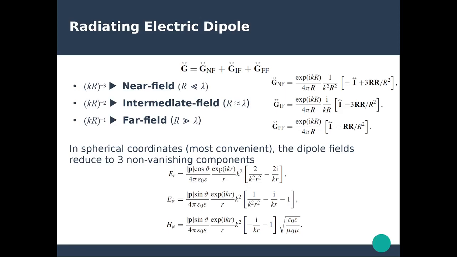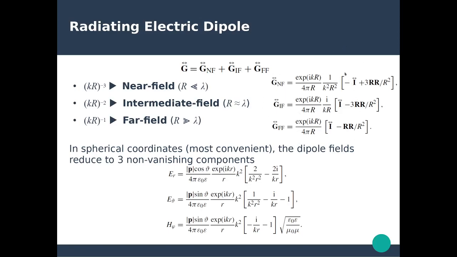If you look at spherical coordinates, which are the most convenient if you have a spherical distribution of charges, a spherical nanoparticle for instance, because of symmetries, those terms can be reduced.